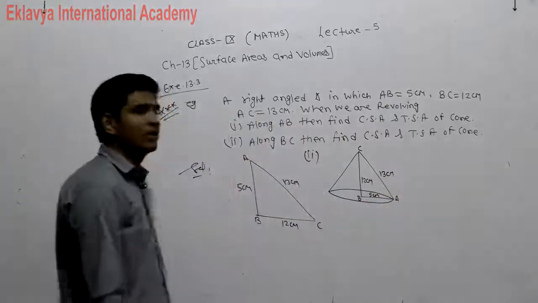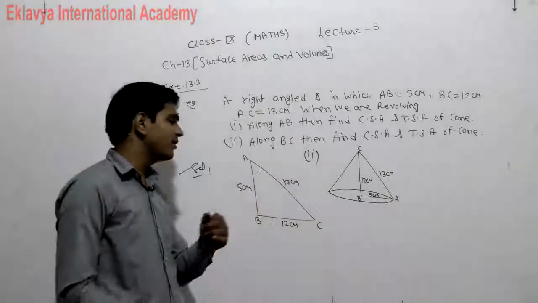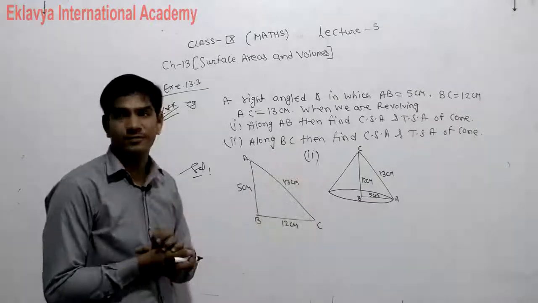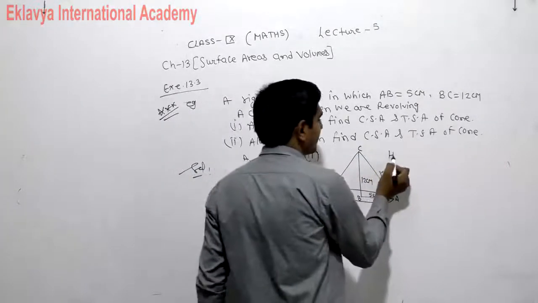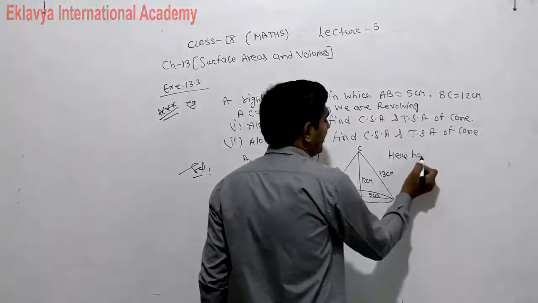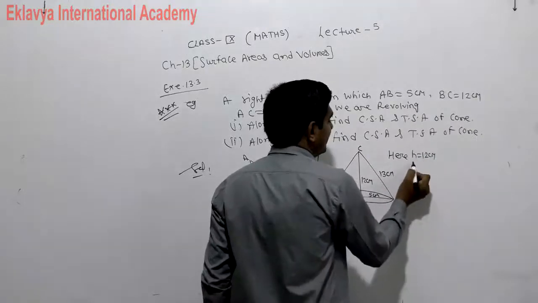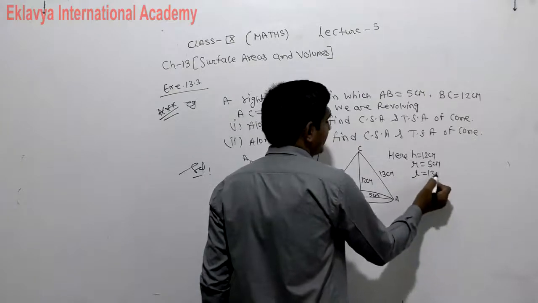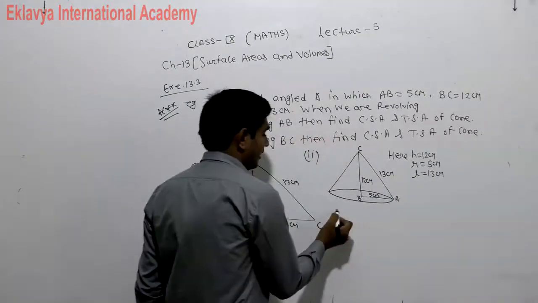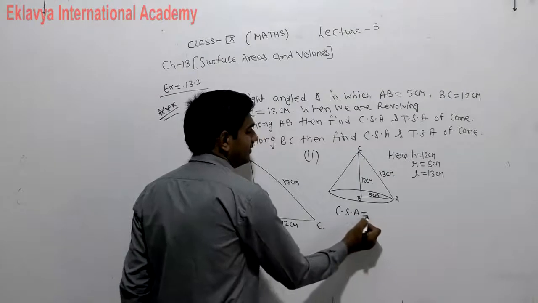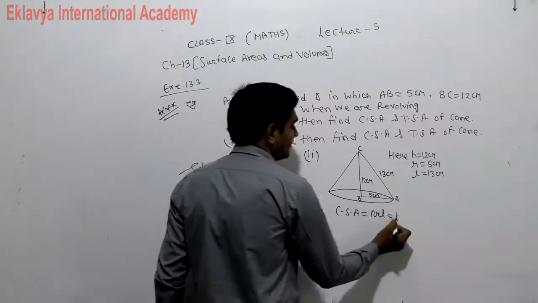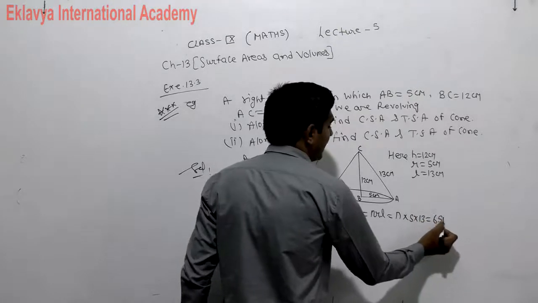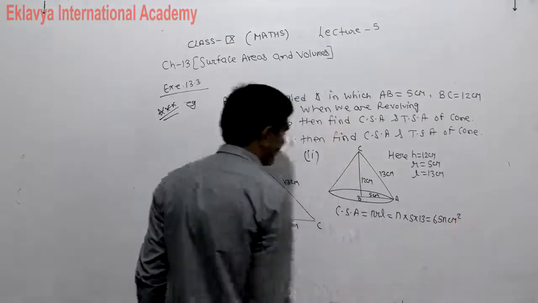Along which side are you revolving? BC, and what is the value of BC? 12 centimeter. That becomes the height of the cone. So here height is 12 centimeter, radius is 5 centimeter and slant height is fixed at 13 centimeter. So calculate its CSA. CSA is pi r l, pi times 5 times 13, 65 pi centimeter square.